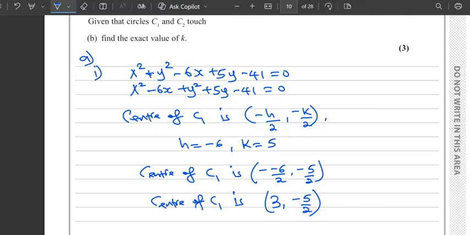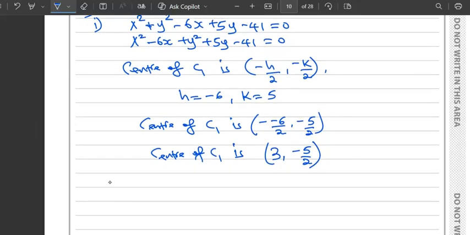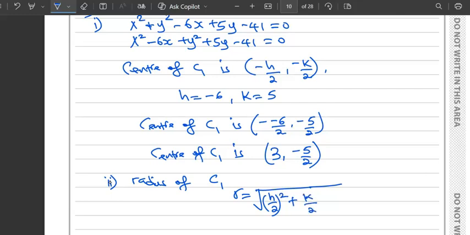We can also find the radius of C1. So (2) here, the radius of circle C1 is given by the formula r equals the square root of h over 2 squared plus k over 2 squared minus c.